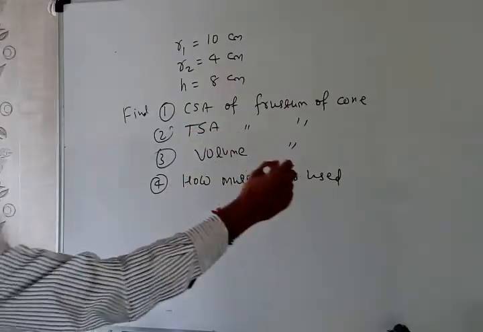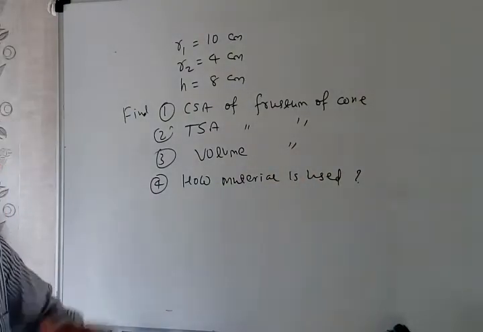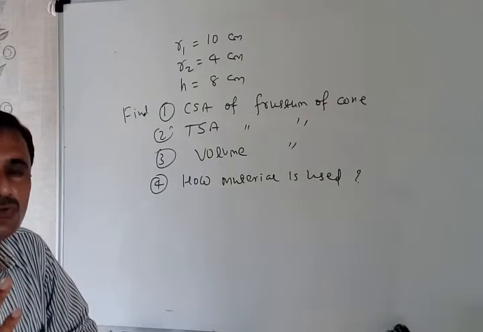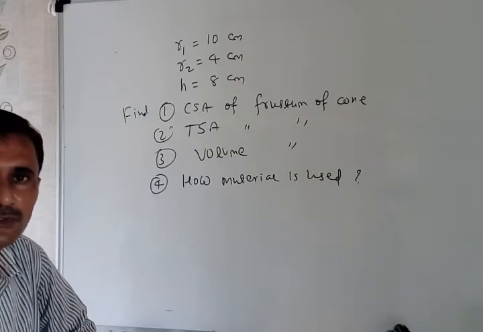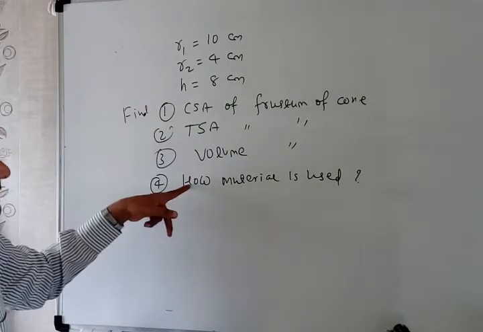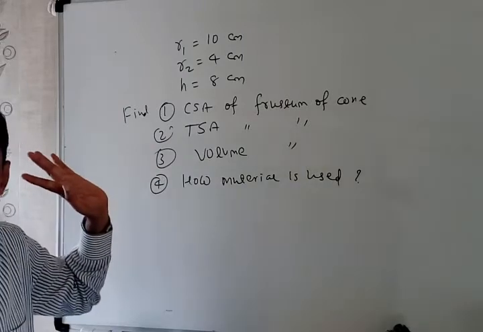So those 4 answers you have to find, and before starting you have to find L also. So 5 answers should be there. First L, because without L you cannot find CSA or TSA or this one also. Okay, and volume is extra.